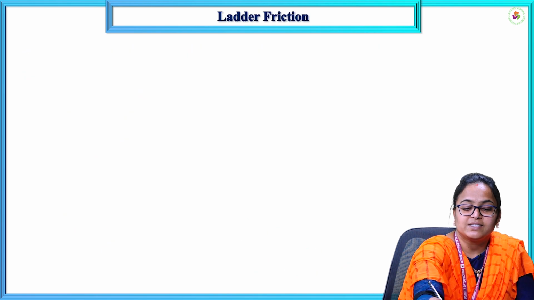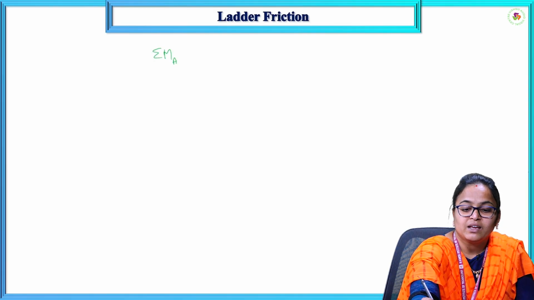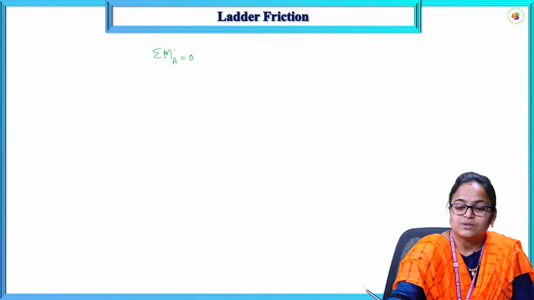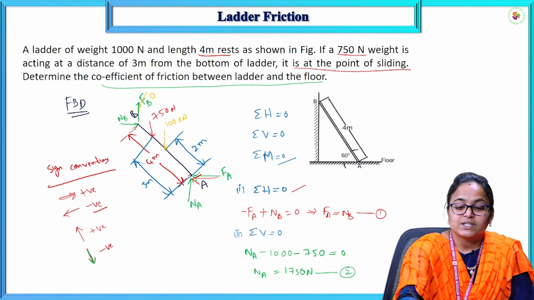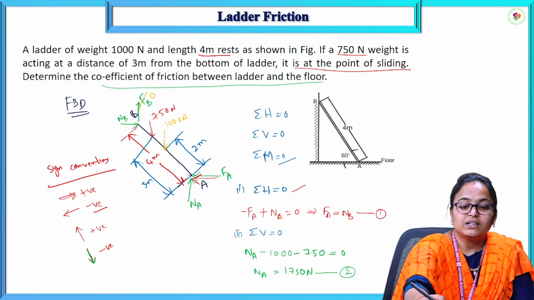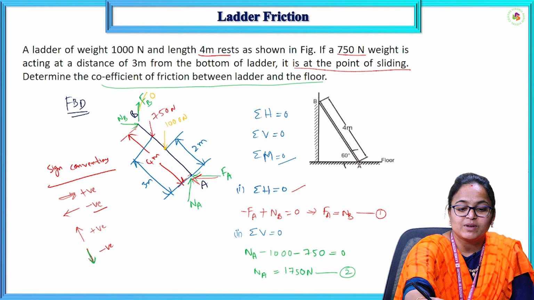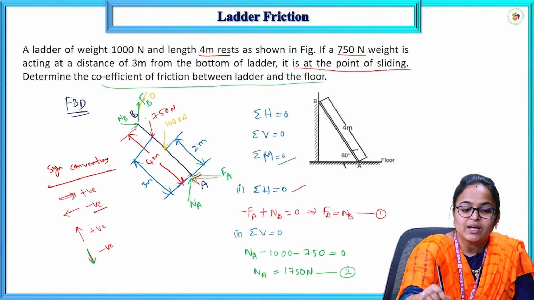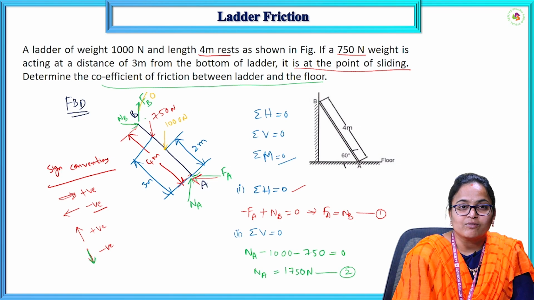Next, let us consider moments about either A or B equal to 0. Here I am considering moments about A equal to 0. What are the forces producing moments about point A? Here FB, the frictional force at B, will be 0, and there is NB, which will produce a moment about A. This NB will be in the clockwise direction.